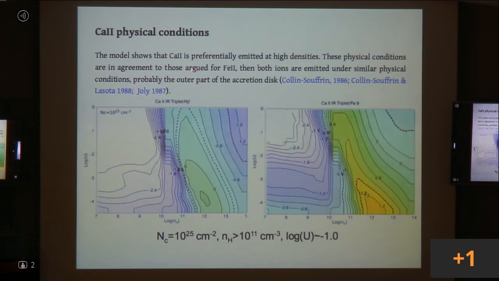And this is in agreement to conditions argued for iron 2. Maybe both of these ions are emitted on the outer part of an accretion disk. This was suggested by Susie Loughnane and by Monique Joly.